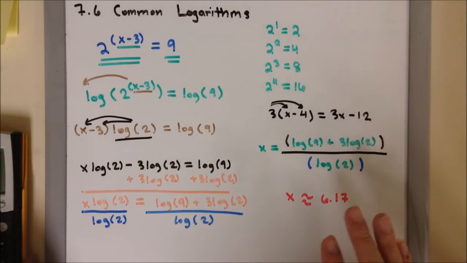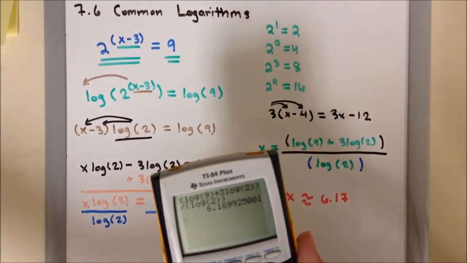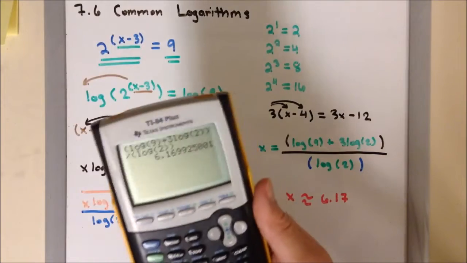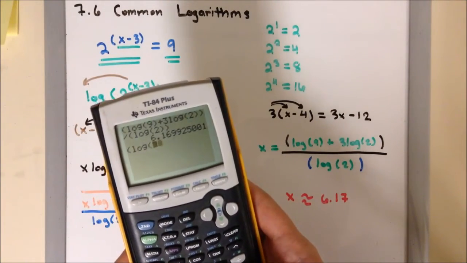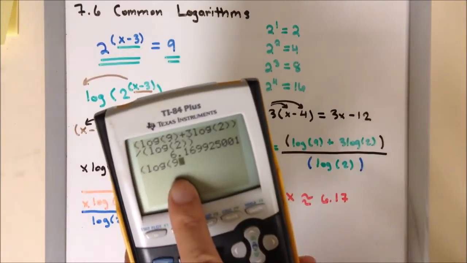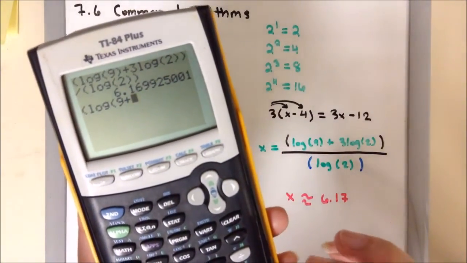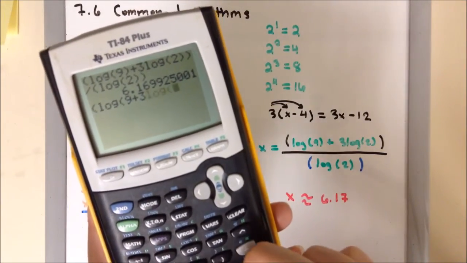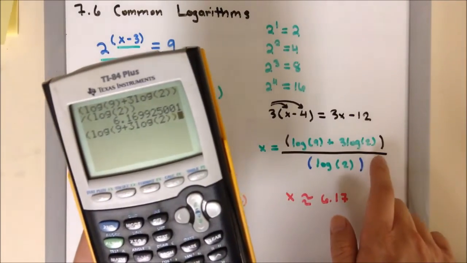Now, again, parentheses plays a big part. So say I type in parentheses log of 9, but if I forget to close it and I just go straight to plus 3 log of 2, close parentheses, and then close again.